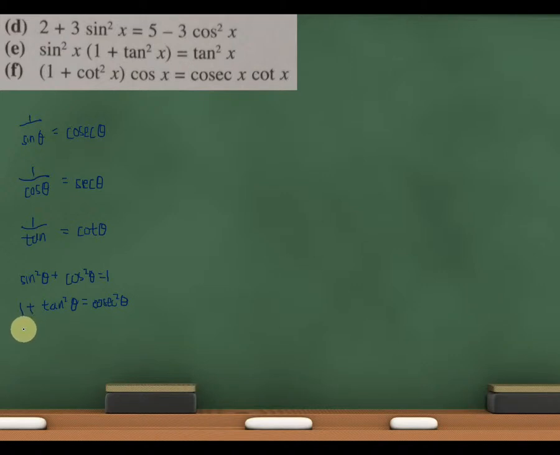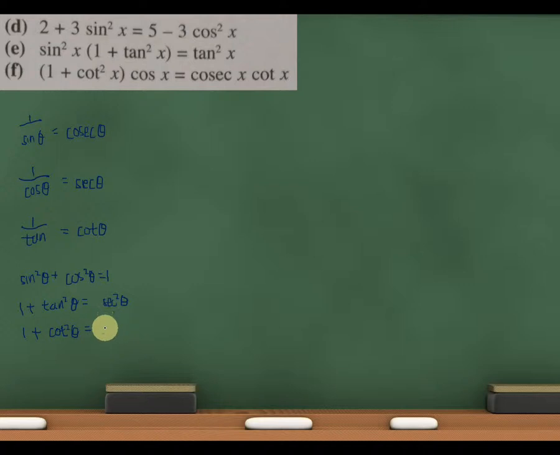Next will be dividing cosine square. So this will be cotangent square theta because cosine square over sine square will be cotangent.